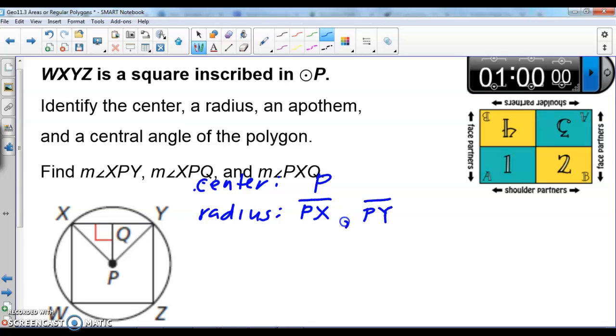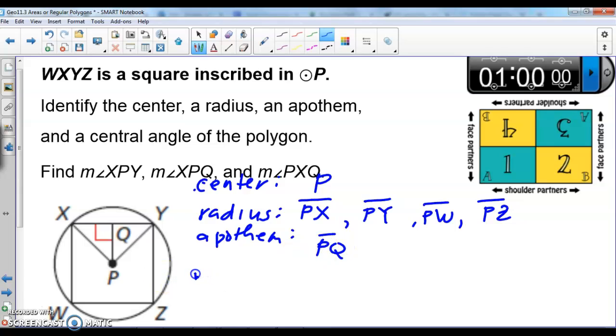Another one is PY. The other possible radii are PW and PZ. Now identify an apothem. An apothem goes from the center, which is P, perpendicular to one of the sides of your regular polygon. So that's PQ.